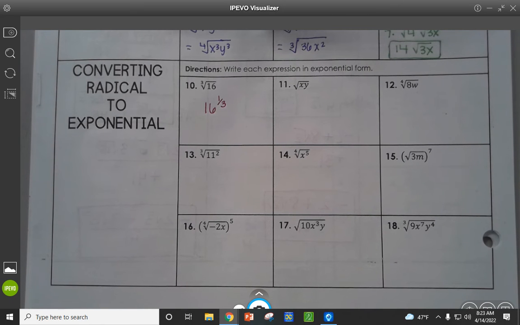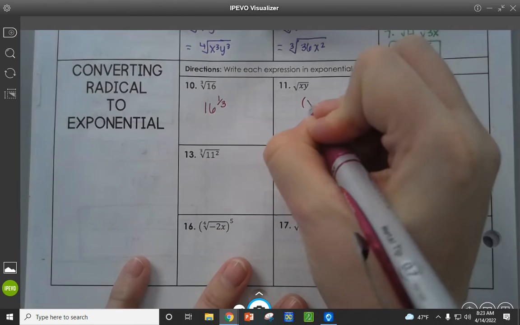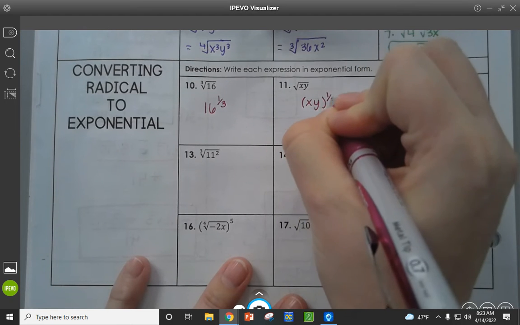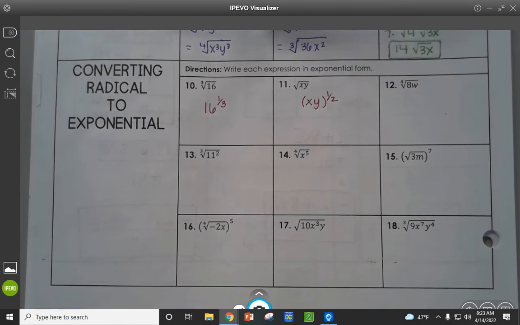Number 11, I have the square root of xy. Couple ways you could write this answer. Any ideas? (xy) to the 1/2 is probably what I would do. You could also do x to the 1/2, y to the 1/2. I guess that would technically be the same thing, but I would just do it like this.